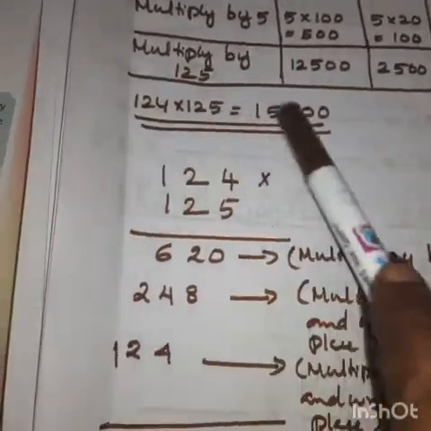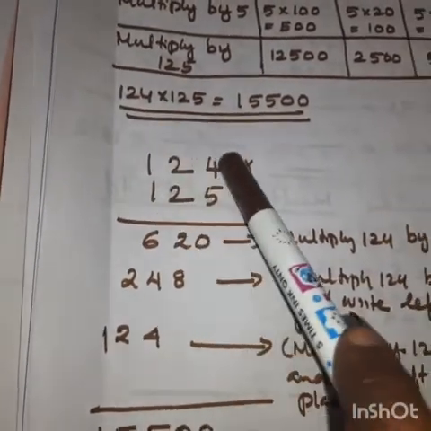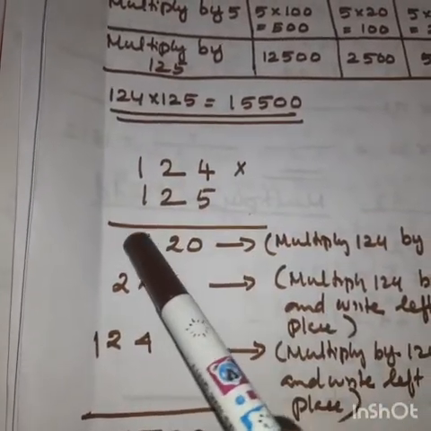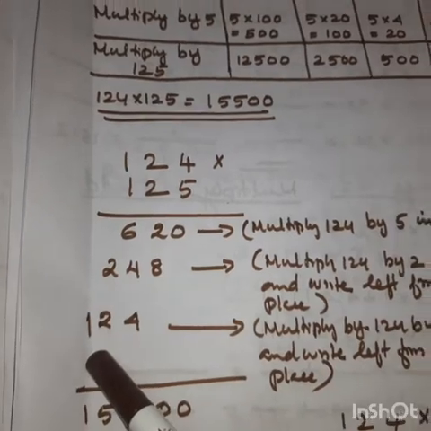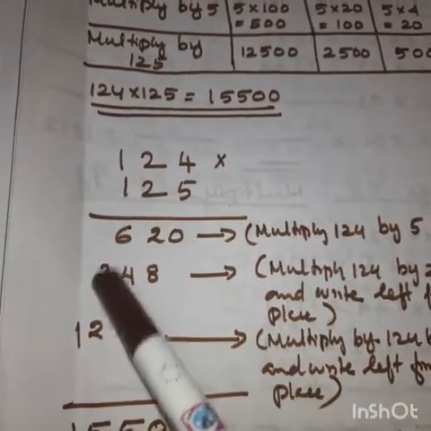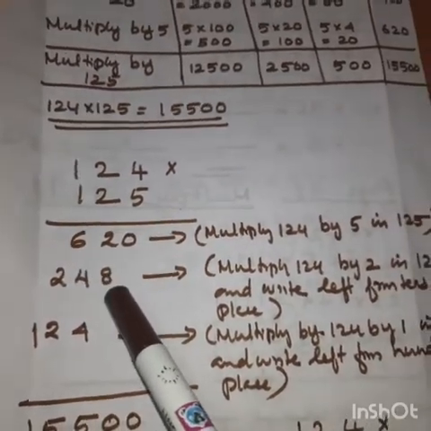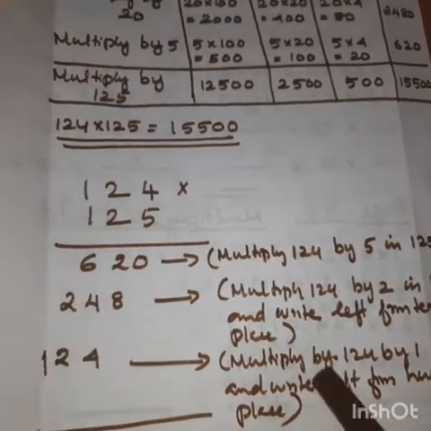Then comes the actual multiplication. That is 124 into 125. First multiply 124 by 5 and write 620. Again 124 is multiplied by the 10th place digit 2. We get 248 and write it from the 10th place to left.